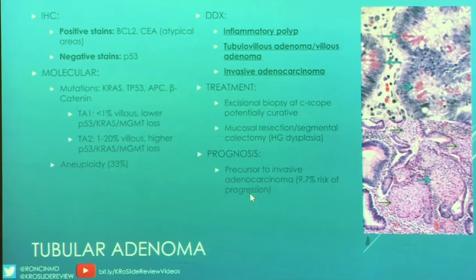Okay? Your differential includes inflammatory polyp, a TVA, again, that's more or less your architectural definition, as well as invasive adenocarcinoma. And the biopsy that they do at colonoscopy is potentially curative, which is great, but if they're large or difficult to reach, they'll tattoo them, and depending on the size and extent of them, how much dysplasia, they might either elect to do an endoscopic mucosal resection or a segmental colectomy.